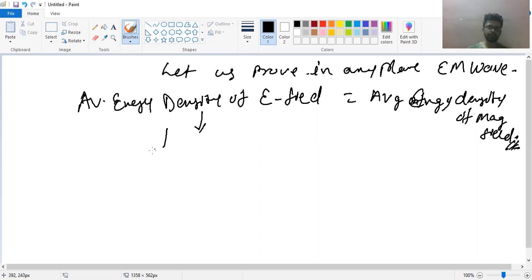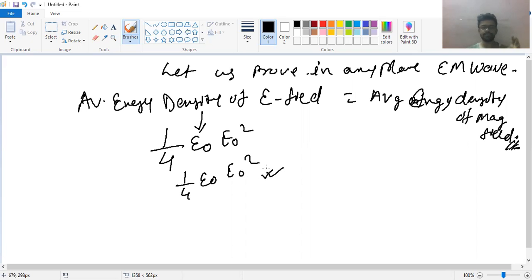So how can we do this? The average energy density of the electric field is 1 by 4 epsilon E naught square. Just now we have seen this, right? How can we change it? Average energy density means energy by volume.